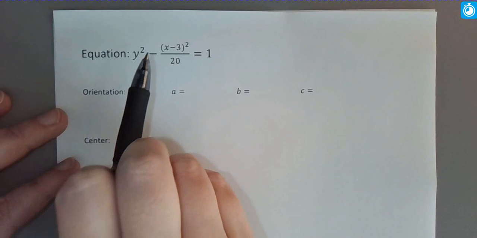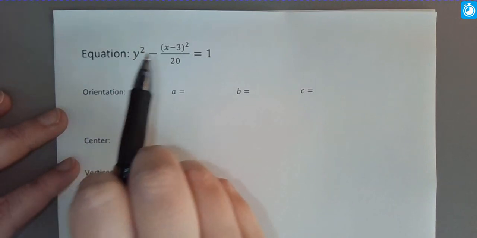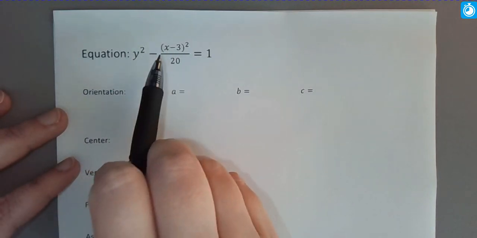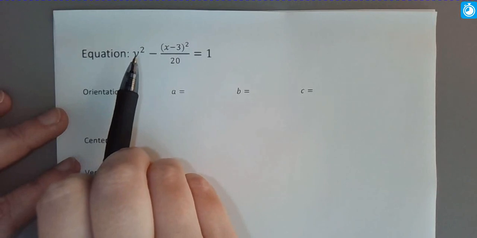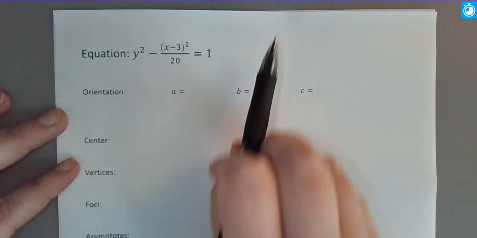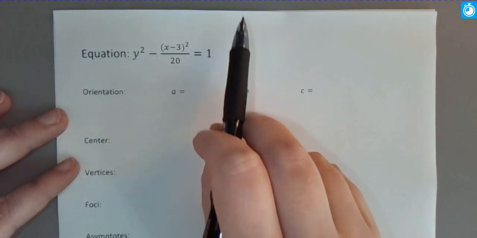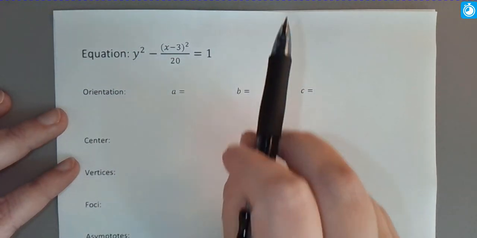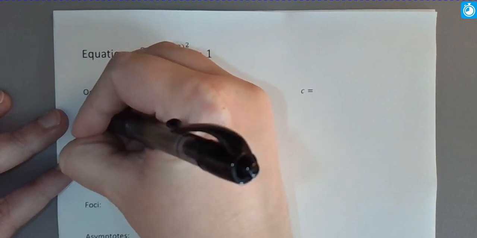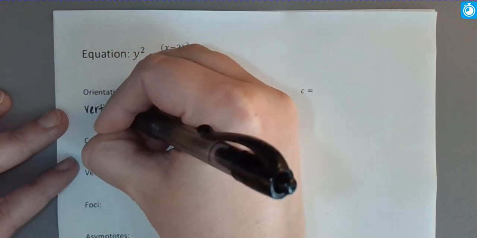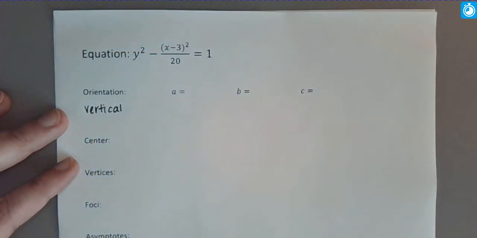In this case, our y term is positive and our x term is negative. Because the y term is positive, that tells us we have a vertical hyperbola. So we're going to have the branches of this hyperbola stacked vertically. So the orientation for our hyperbola is going to be vertical. We're going to keep that in mind as we identify these attributes in order to make sure that all of our numbers are adding up and our graph makes sense.